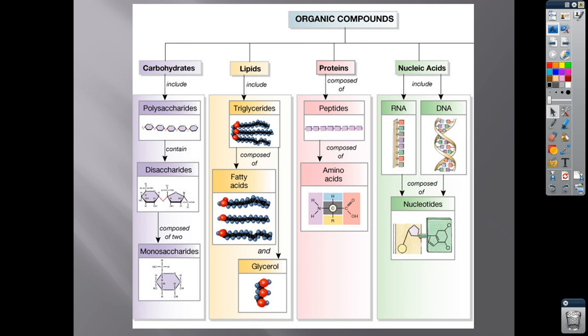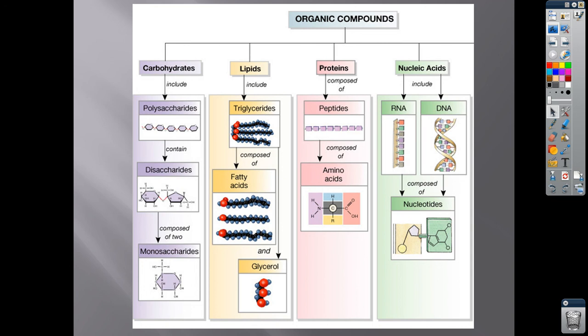So your carbohydrates are your monosaccharides. Your lipids are your triglycerides. Triglycerides are your fats, oils, and waxes. And triglycerides are basically made of three fatty acids held together by a glycerol component. Okay? And we'll talk about fatty acids in a little bit in terms of something to know about them.